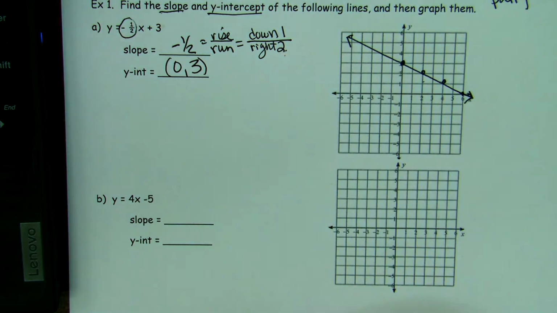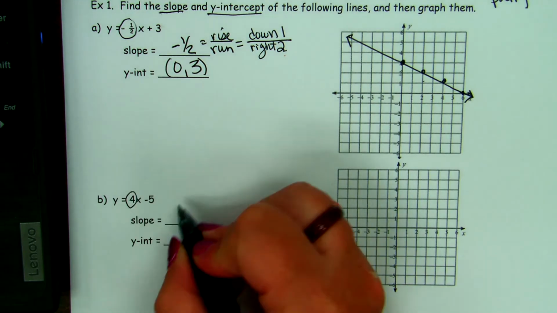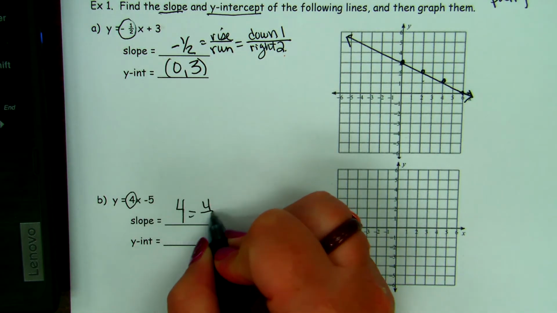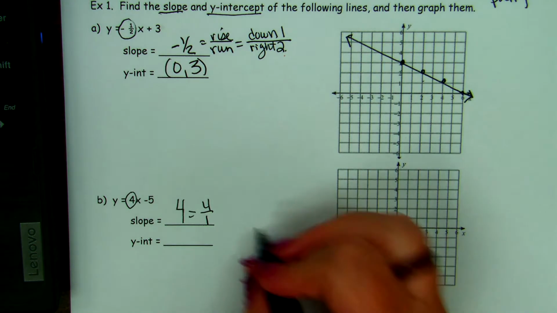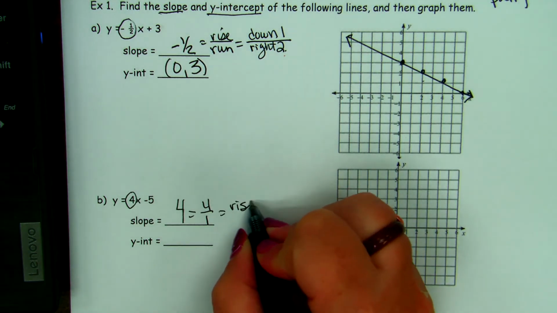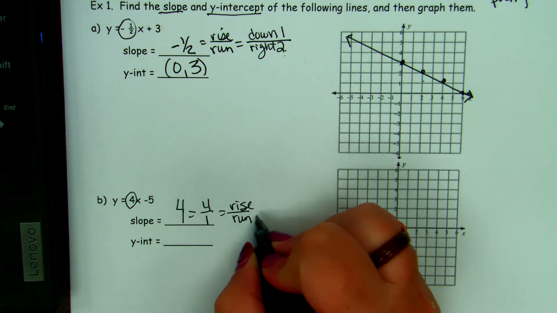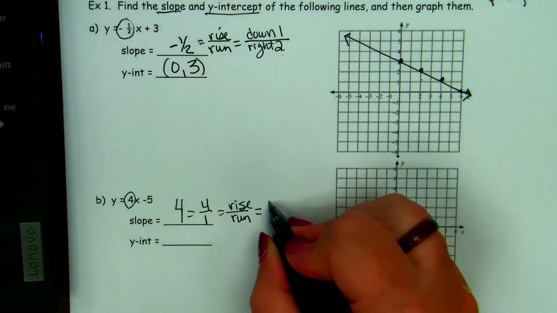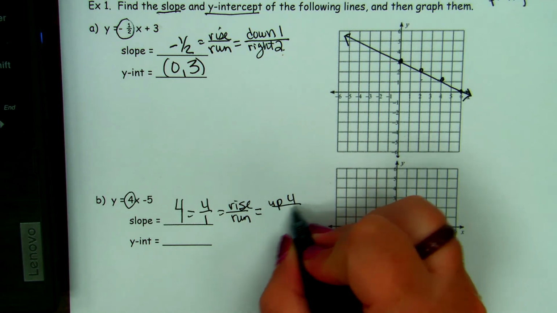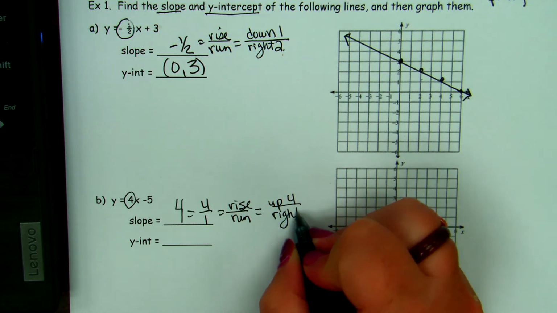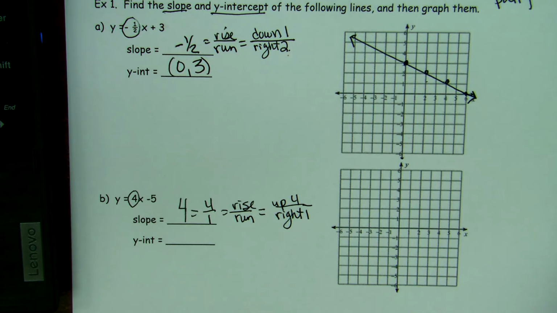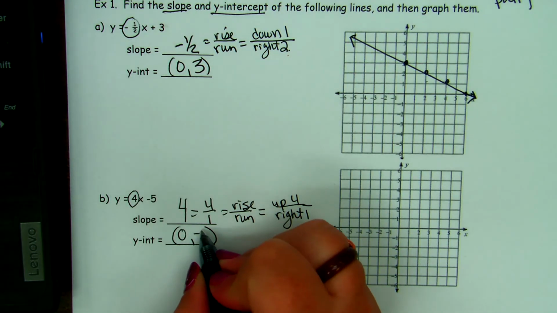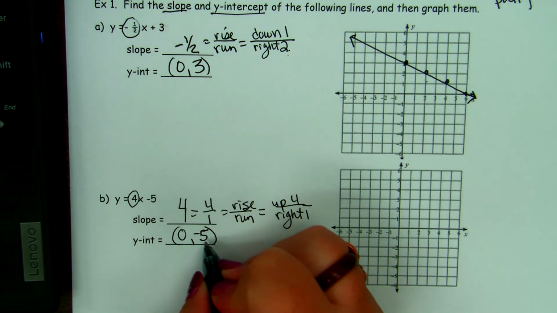The next one, the slope is 4 or 4 over 1, which is rise over run. How much do we rise? And the y-intercept, you always put it in the y place, not where the x is.